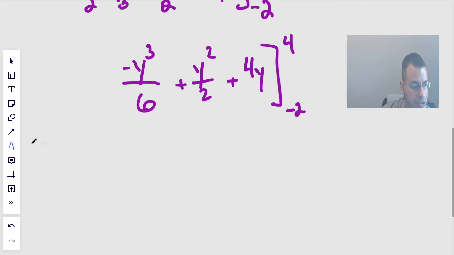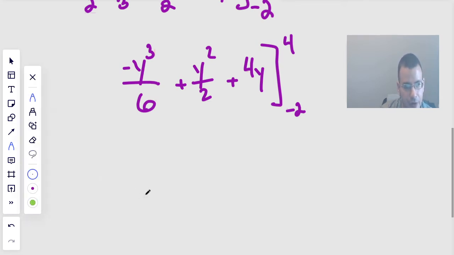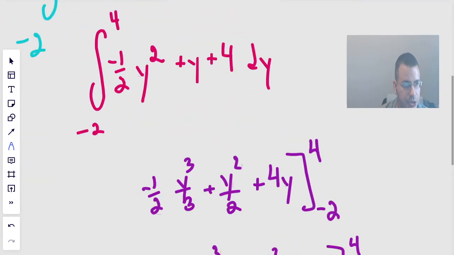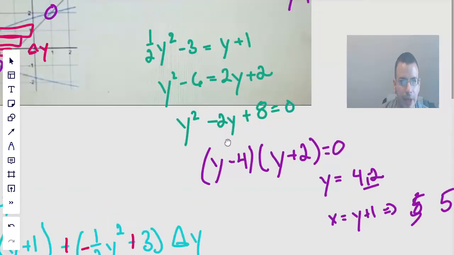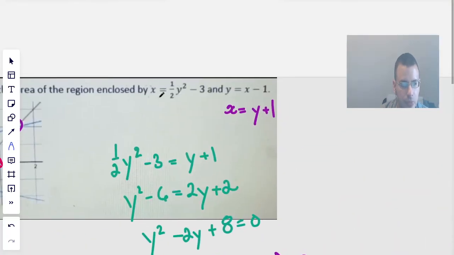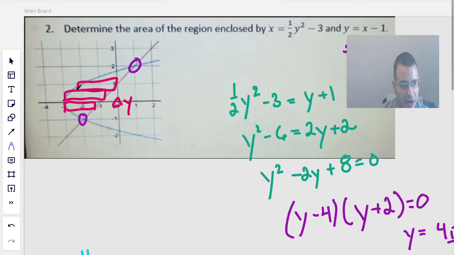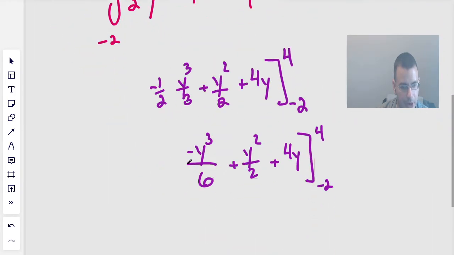Plug in some numbers. Make sure the parentheses are right. Yeah, because we're subtracting off that. All right, I'm good with this.